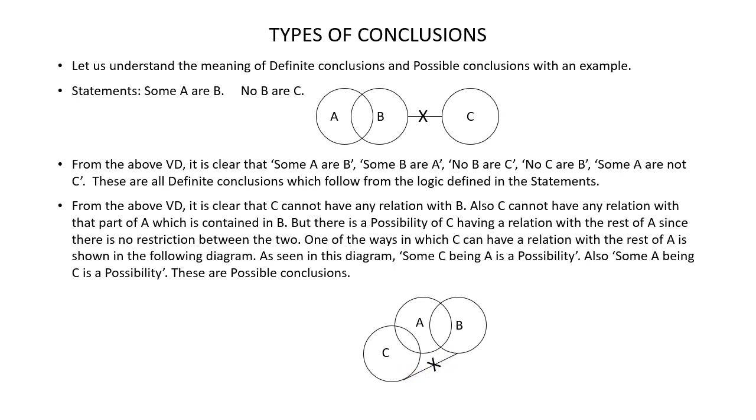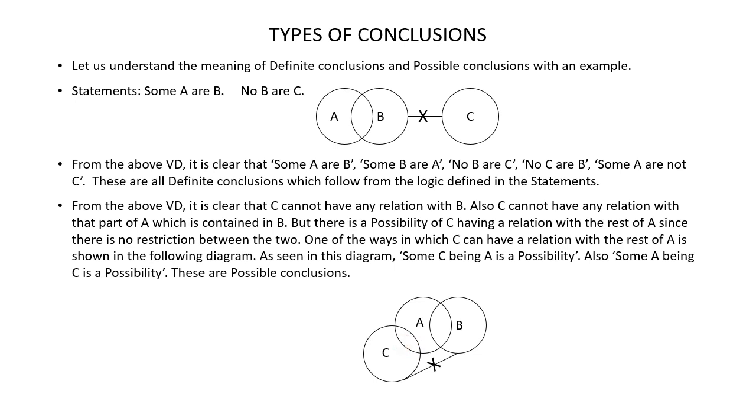But still C can have a relationship with this portion of A because there is no restriction between C and this portion of A. Now, from this Venn diagram, it is clear that some C being A is a possibility.